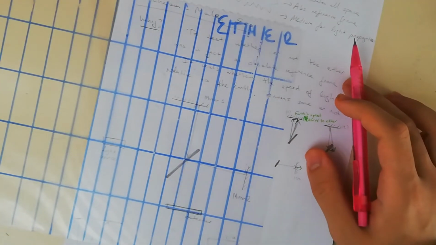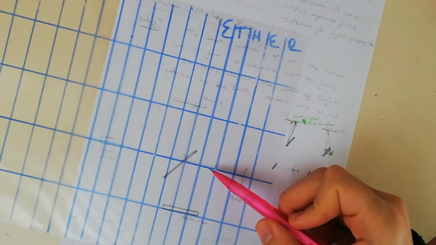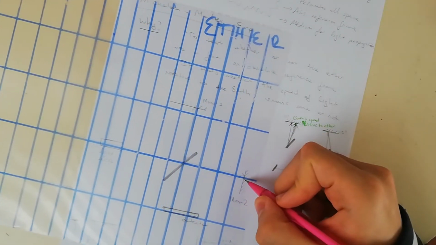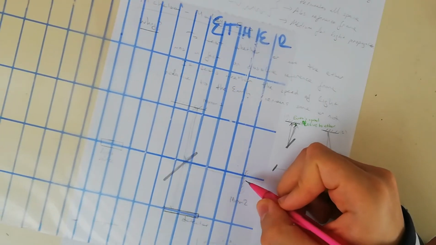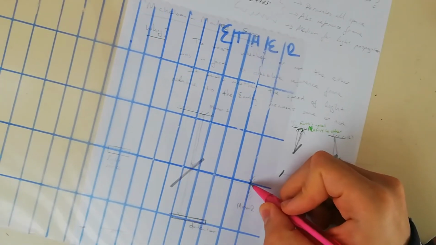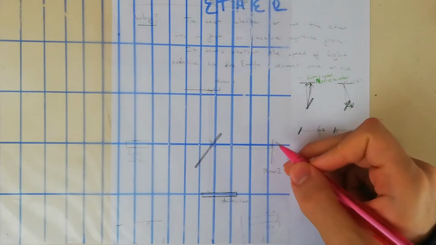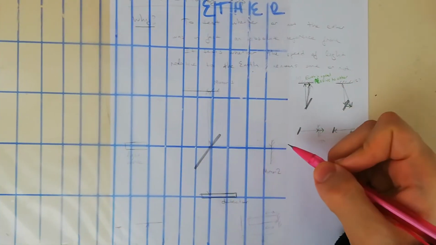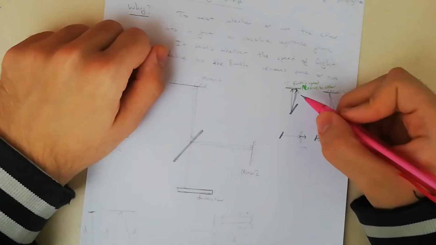Also, if we analyze the reflection from mirror 2, the light ray goes to mirror 2 like this, but its speed is now smaller, since the Earth is moving relative to ether, and then it comes back to the beam splitter again, but at this time its speed is also not c. So the distances are given like this.